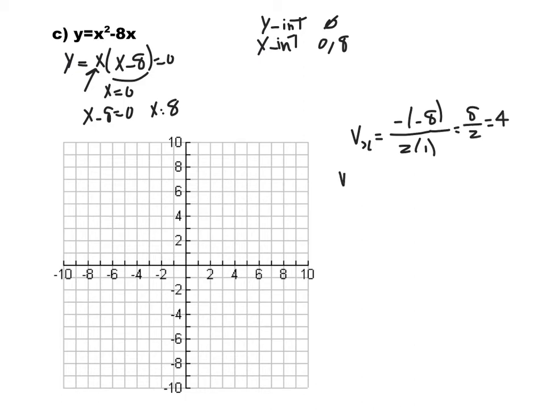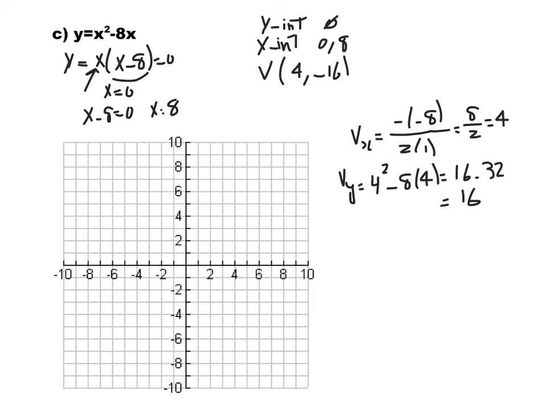Now to find the y-coordinate, I put this one back and I get 4 squared minus 8 times 4, which is 16 minus 32, which is equal to 16. So the vertex is going to be 4 and minus 16. I made a mistake here. 16 minus 32 is minus 16.